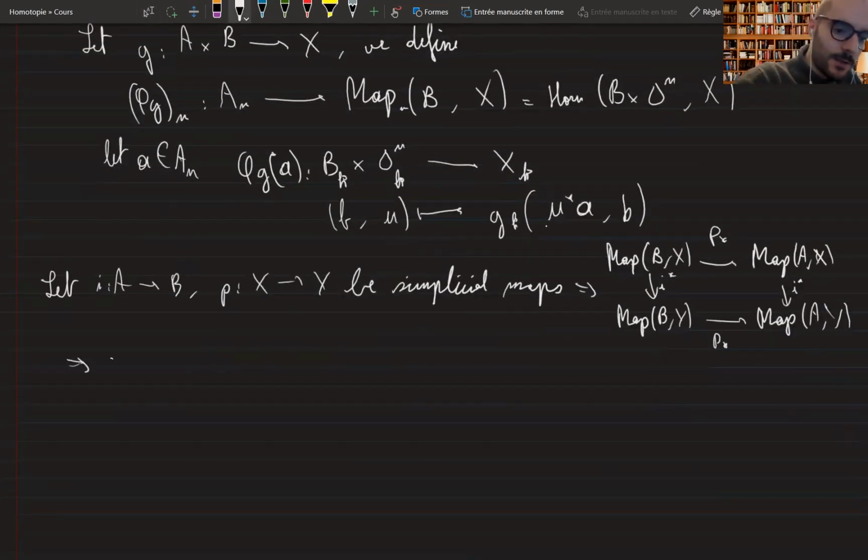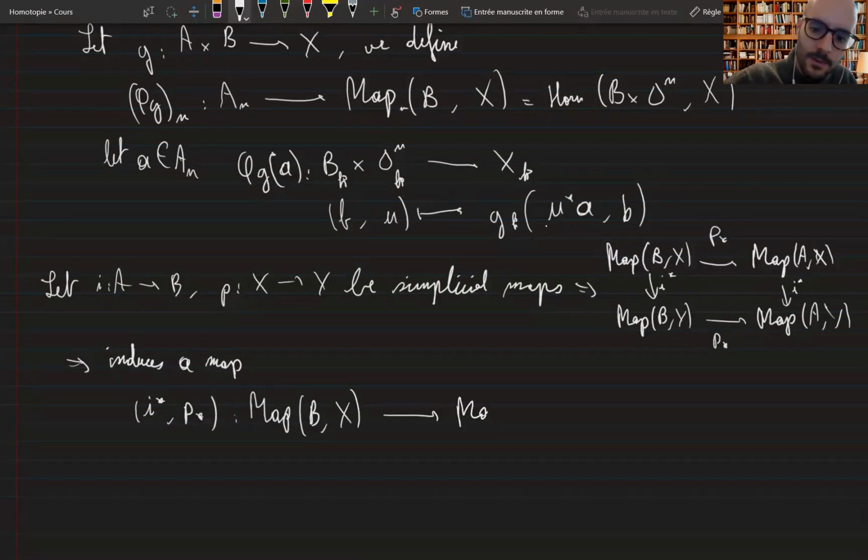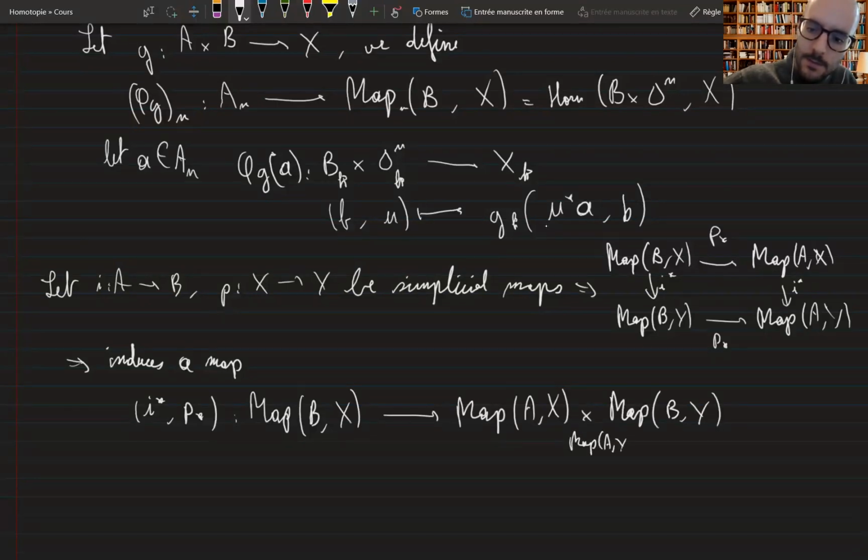So this induces a map that I'm going to denote I upper star, P lower star. It's not standard terminology, but I don't know if there is one. It goes from Map(B,X) to Map(A,X) cross over Map(A,Y) with Map(B,Y).